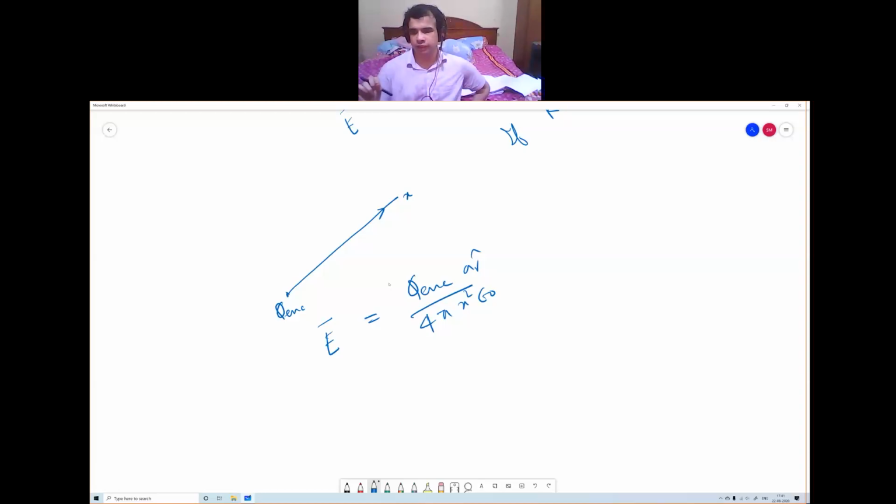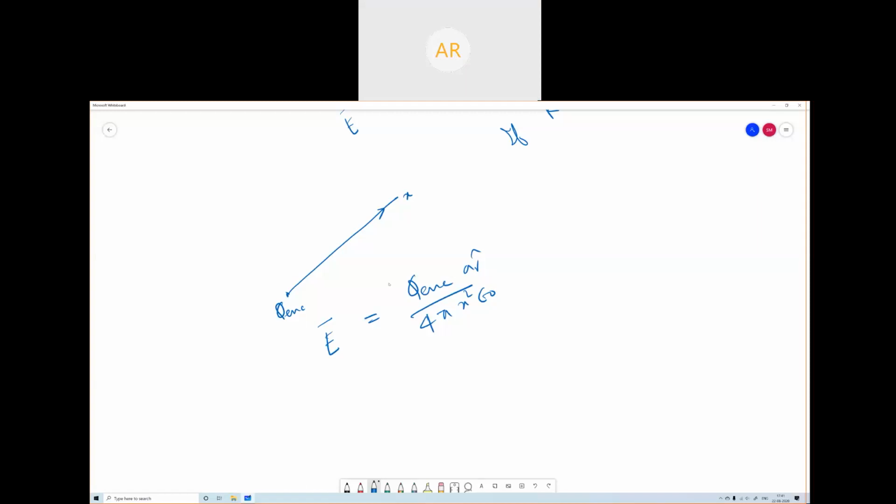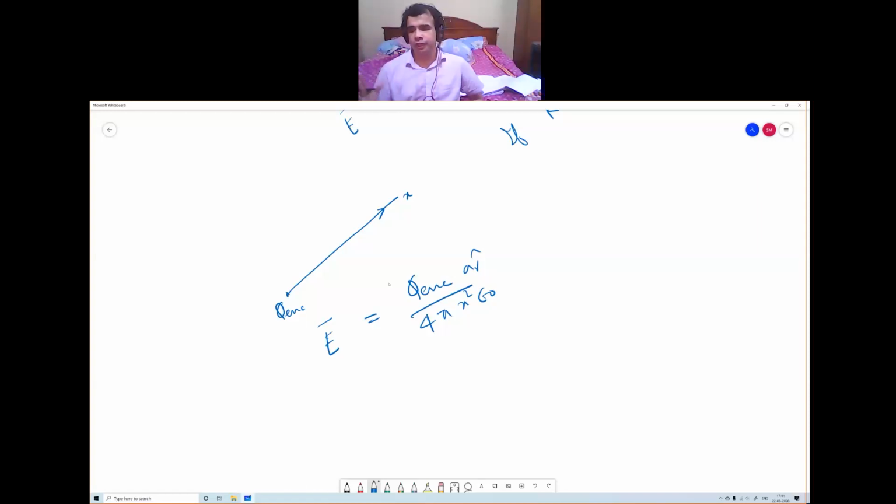Had there been a point charge at the origin, the electric field at a distance x from it would be this one. The value of the point charge is q enclosed. Is it correct or not? Yes, sir. So if we look at it from the outside, this uniformly charged sphere appears as a point source.